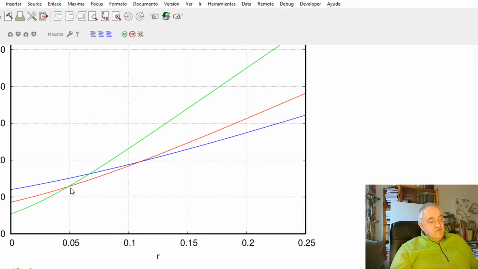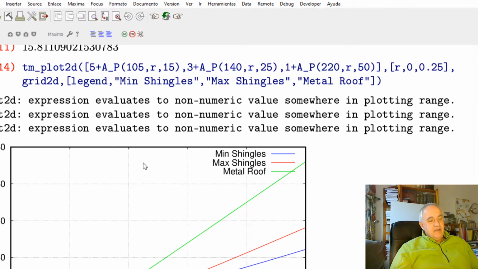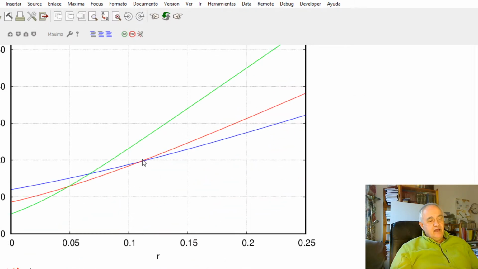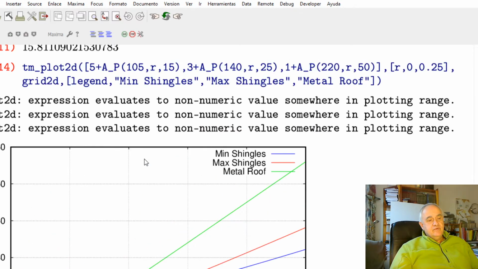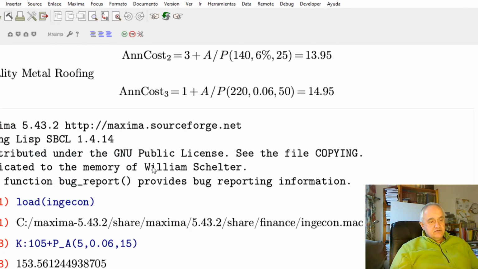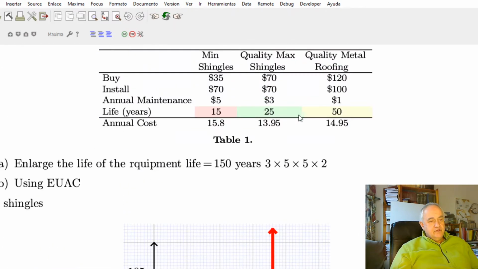Somewhere between 5% and possibly 11 or 12, we will be more precise after all, this is the range of rate of discount where max shingles are competitive. And for any rate of discount above 11 or 12, the competitive solution is min shingles. So the solution we have obtained here corresponds to the situation with a 6% rate of discount.